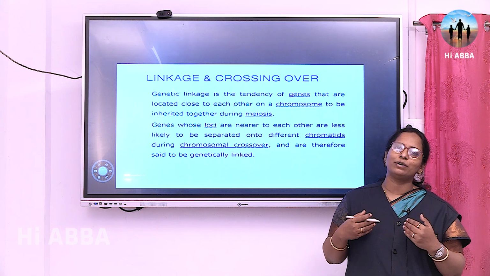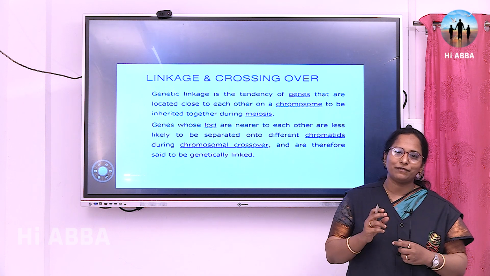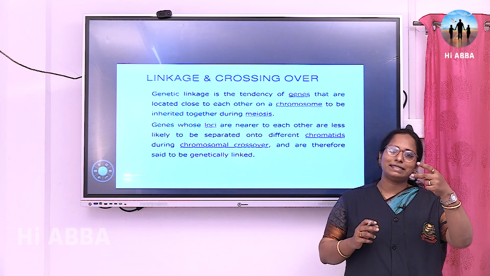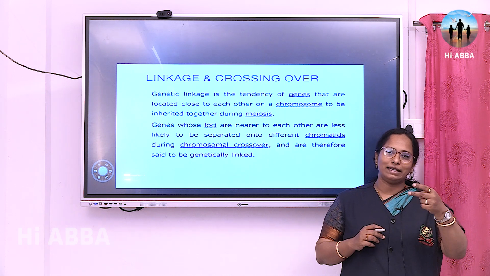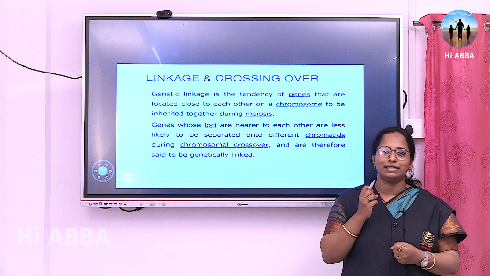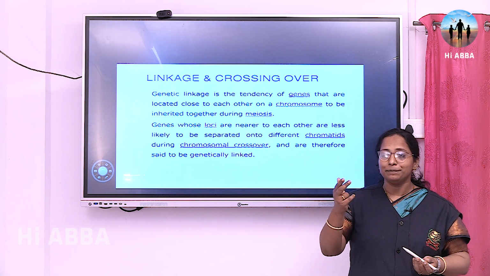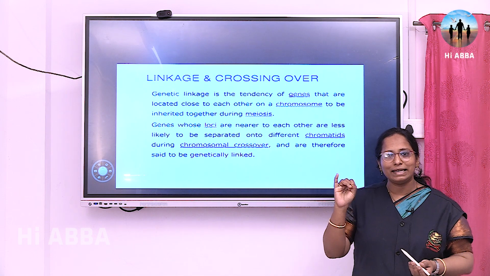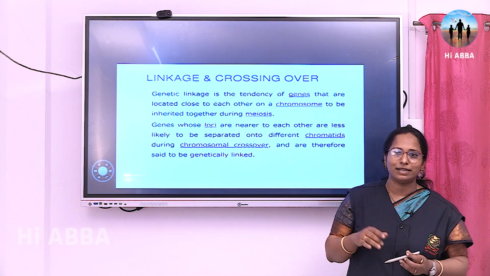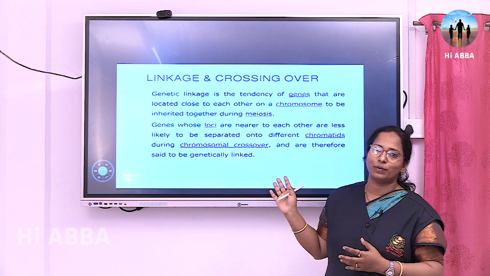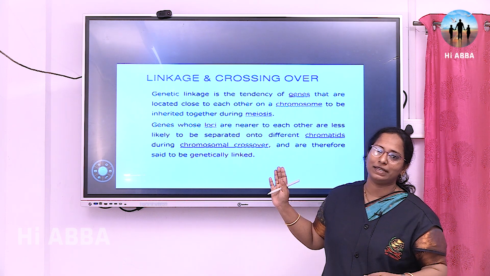They have their own identity, but generally these genes are located near each other, and the distance between them is very small, hence we call them linked genes. Here we have two types of linkage: complete linkage and incomplete linkage. Before we dive into that, we'll have a quick definition of linkage.